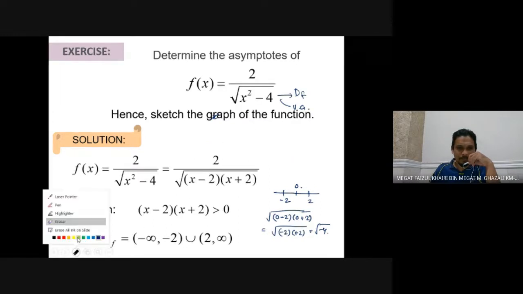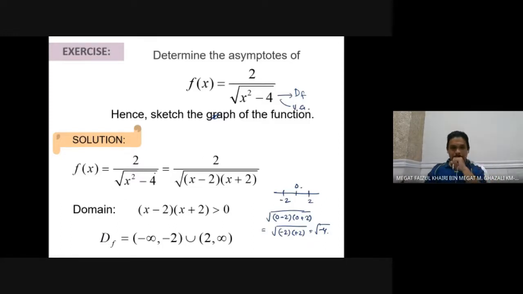So, for the square root, as we know, the square root of f(x), where f(x) must be greater than or at least equal to 0.